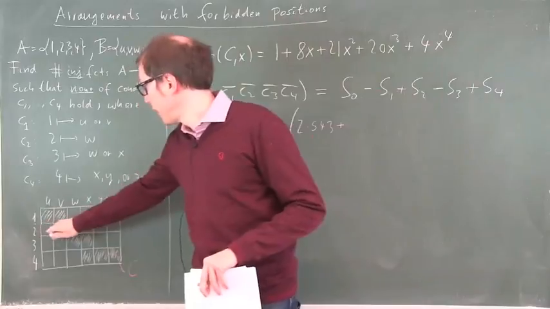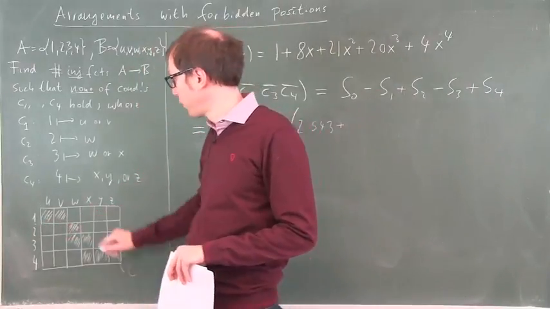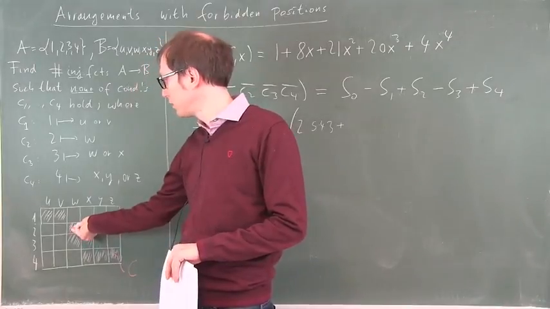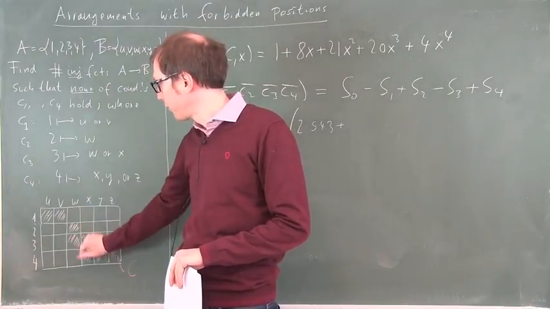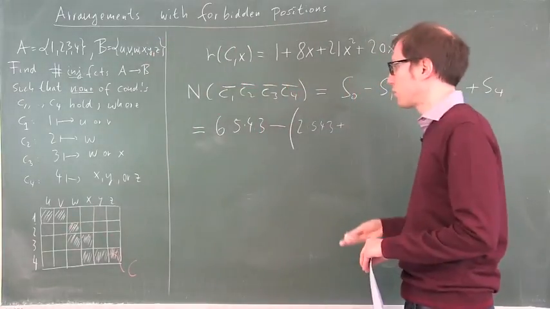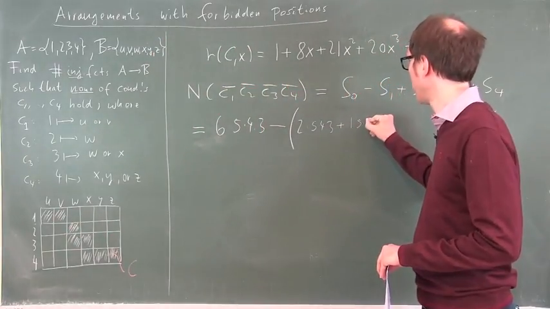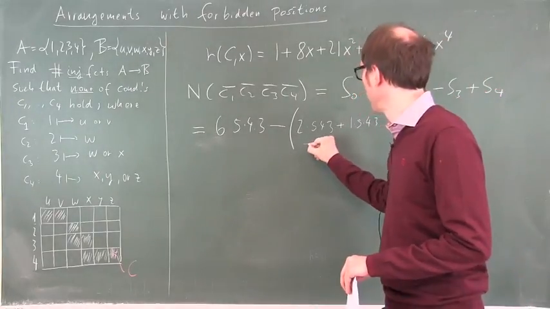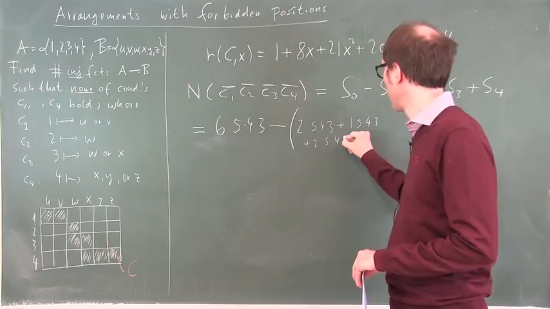And now let's go to n of C2. Same argument. We have only one possibility, namely putting it here. And now for 1, 3, and 4, we have 5 possibilities, 4, and 3 possibilities. So it's just, again, 1 times 5 times 4 times 3. And then we get 2 times 5 times 4 times 3.